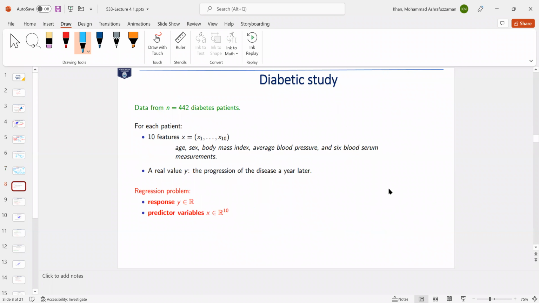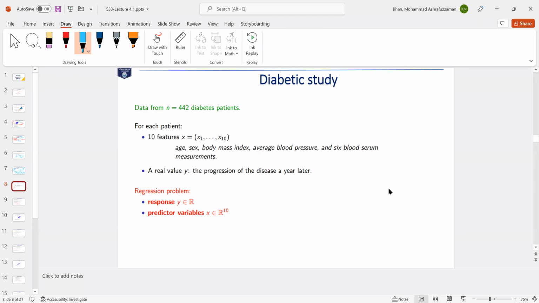Okay, up until now we only talked about using one feature value. Actually, we'll have more than one feature value. For example, there is a data set called the diabetic data set.